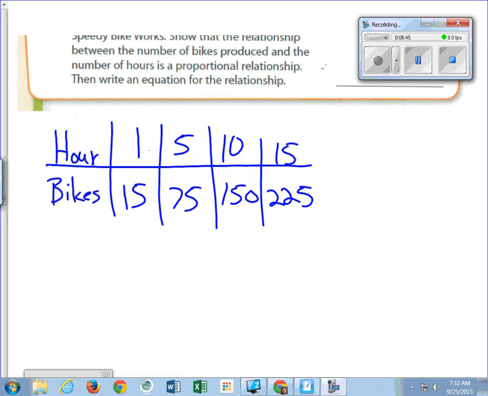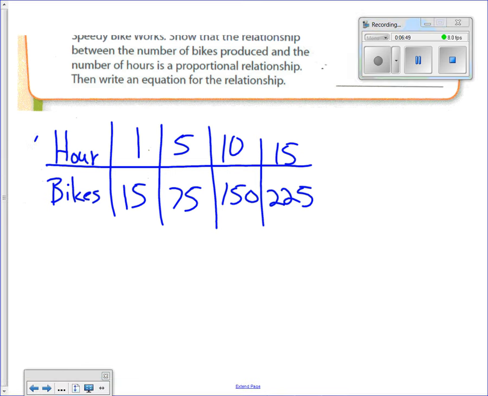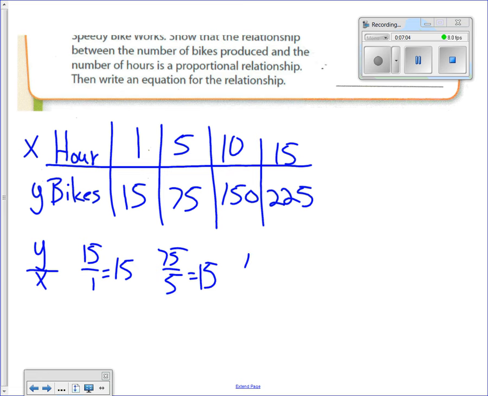Okay. So once again, we're going to find y over x. So y over x would be 15 over 1, 75 over 5, 150 over 10, and 225 over 15.